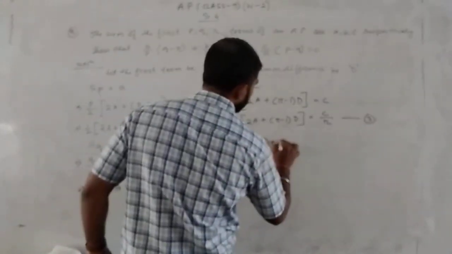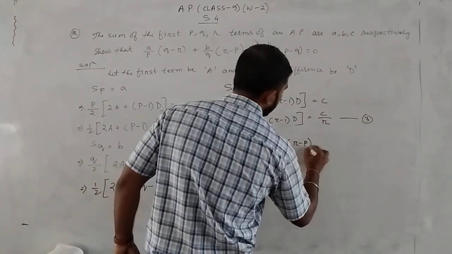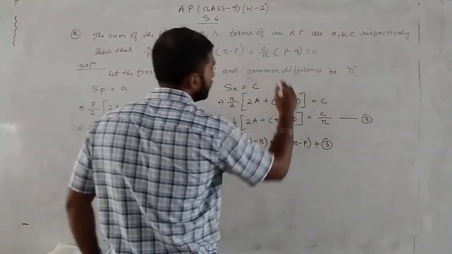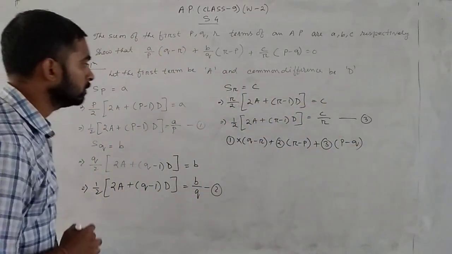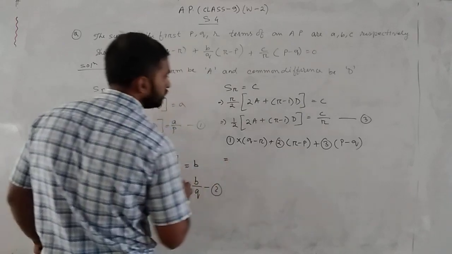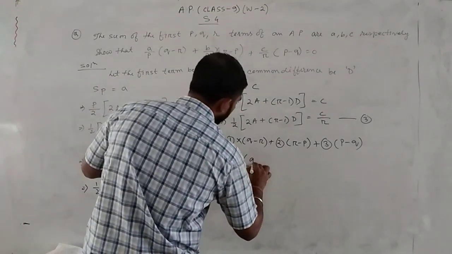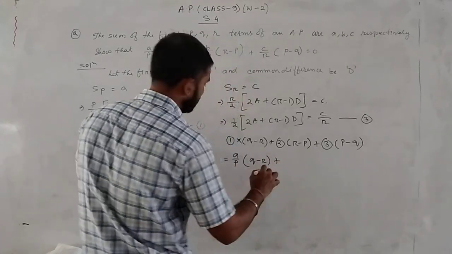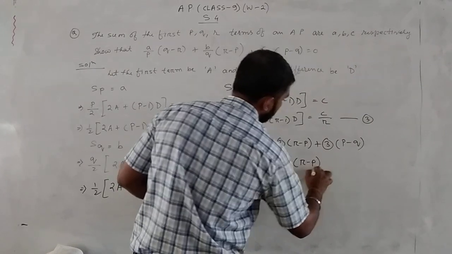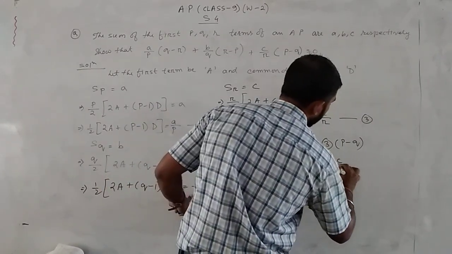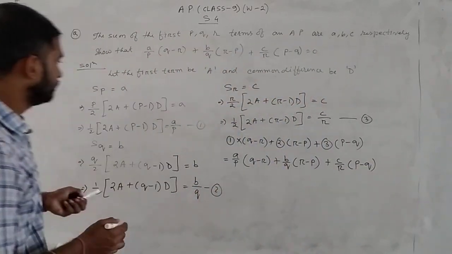Then equation 2 with R minus P. Then equation 3 with P minus Q. So what will happen? First A by P into Q minus R plus B by Q into R minus P plus C by R into P minus Q equals.